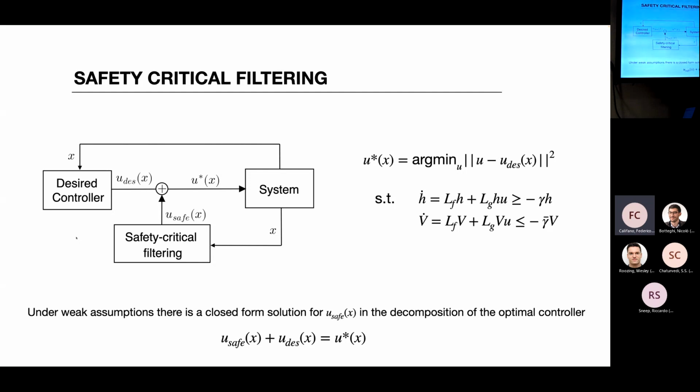So there are a lot of techniques to make the problem feasible, adding slack variables, but this is the idea. If you're able to do it, then you have a system that does your task, which also avoids some unsafe region, and it works.